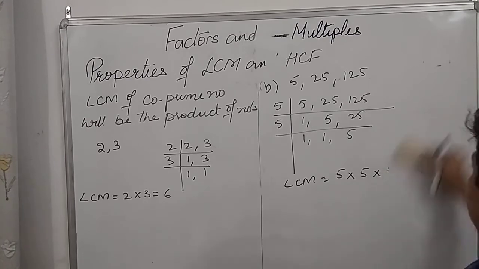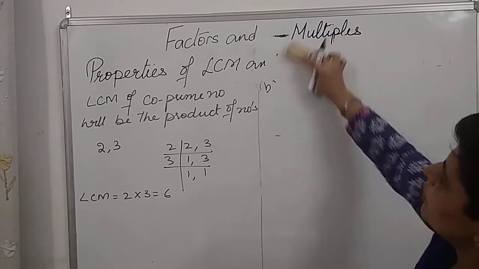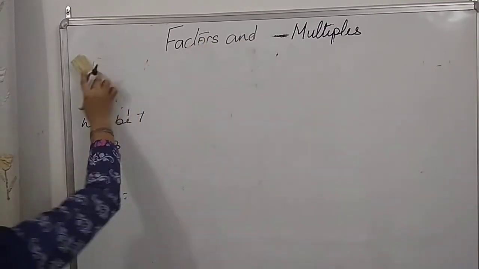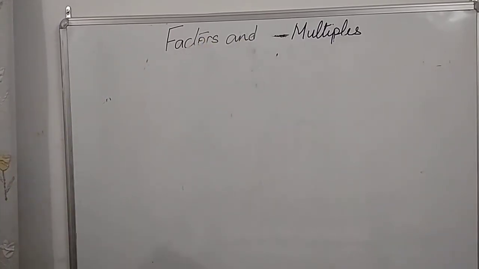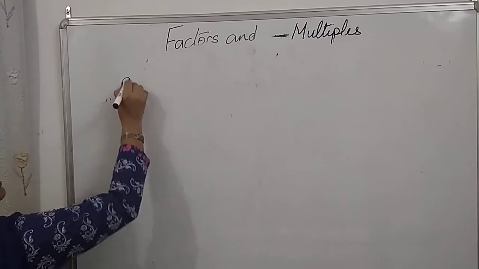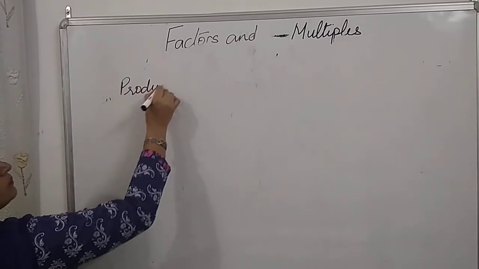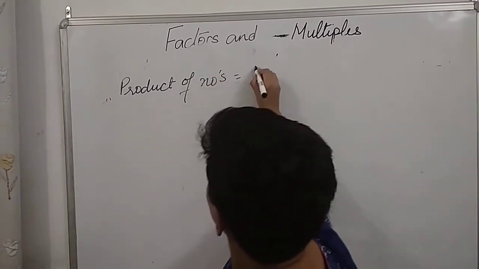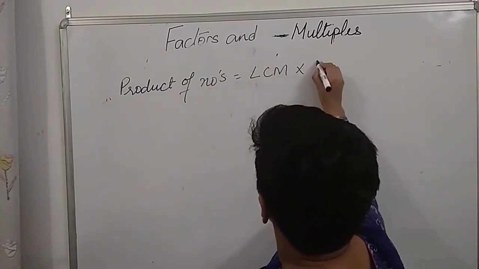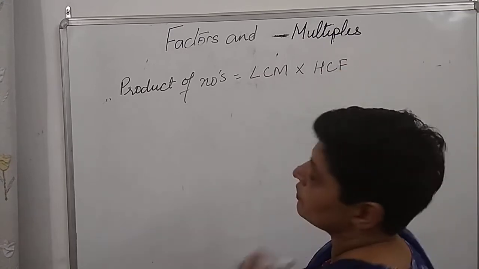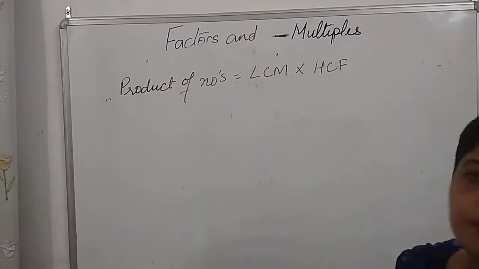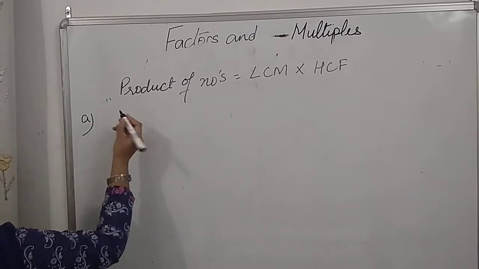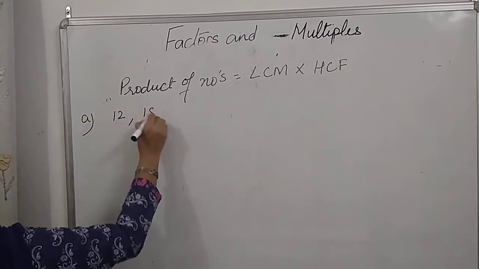Now, relationship between LCM, HCF and the product of numbers. When two numbers are given to us, then the product of two numbers is equal to LCM into HCF. Let us solve it with the help of an example and prove it. Let's take any two numbers, 12 and 18.